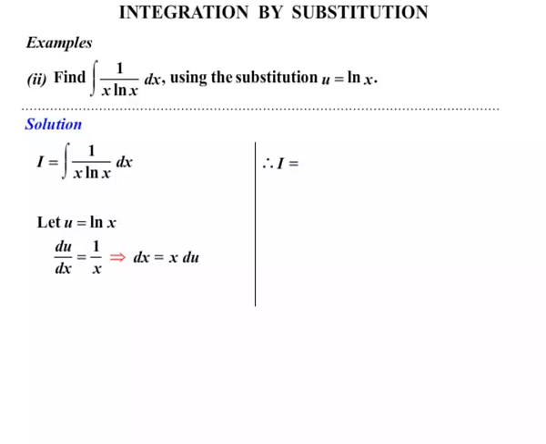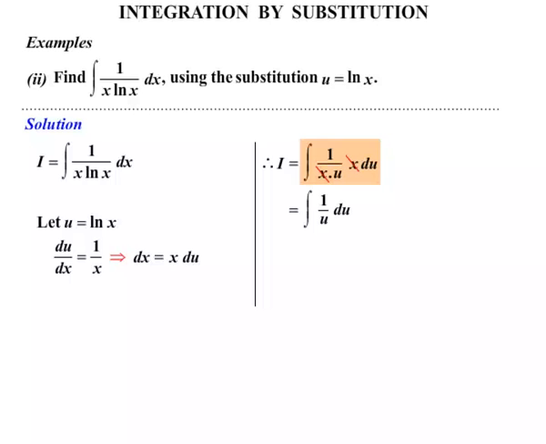So therefore the integral equals, now the 1 over x log x, we're going to replace that log x with u. So it'll be 1 over x times u. And the dx we replace with x du. Next step there, we want to get rid of any mention of x. So looking at those two x's there, one on the top, one on the bottom, they will cancel each other out.